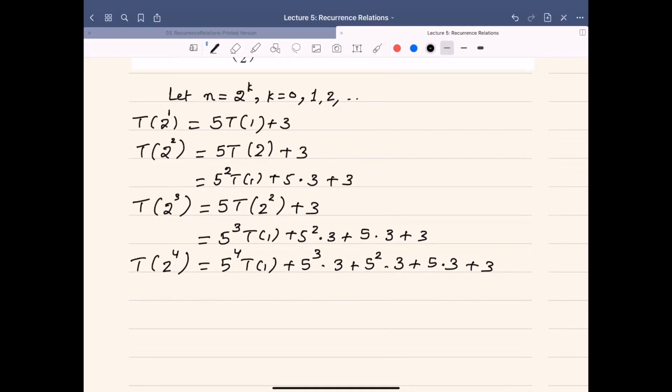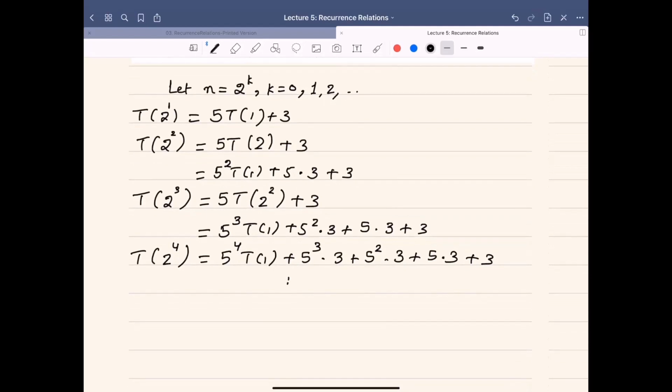Now we have enough values of Tn to guess the solution. We are not going to guess the solution in terms of n. We will guess the solution in terms of k, 2 to the power k. By just looking at the last equation we have obtained, we can find a closed or a guess solution for 2 to the power k.